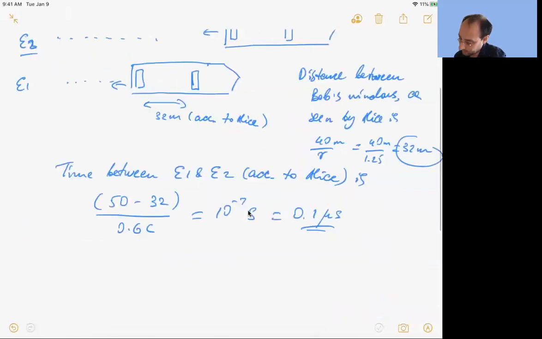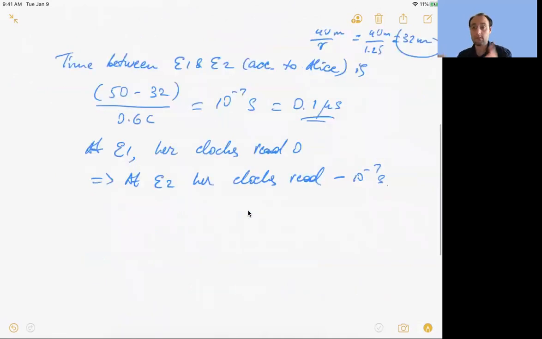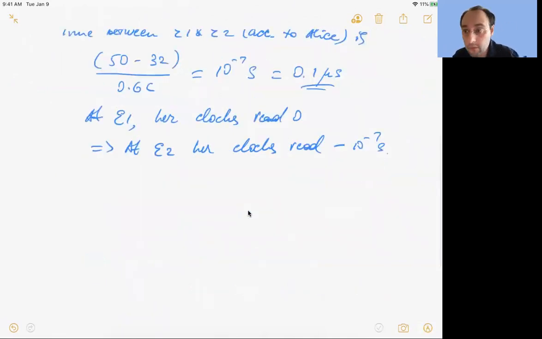So all of her clocks read 0 for event 1 and minus 10 to the minus 7 seconds for event 2. Okay, because event 2 took place before event 1. So if event 1 is 0 seconds, then event 2 took place before 0, and we just calculated how much before: 10 to the minus 7 seconds.